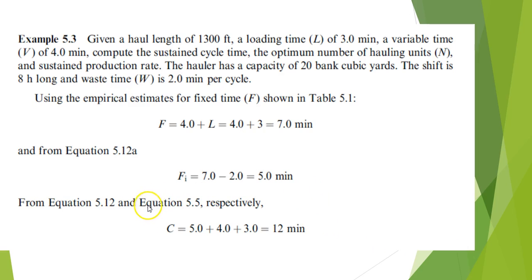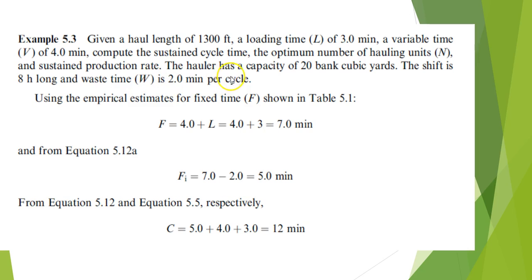So example 5.3 gives us a picture of this. Say you've got a haul length of 1,300 feet and a loading time of 3 minutes. You've got a variable time of 4 minutes, and we want to do a couple things. We want to compute the sustained cycle time, determine the optimal number of hauling units, and a sustained production rate.